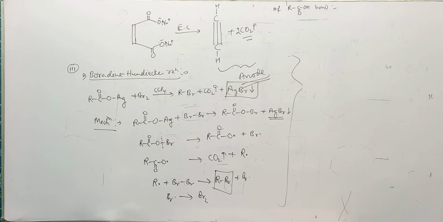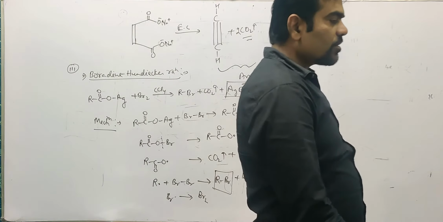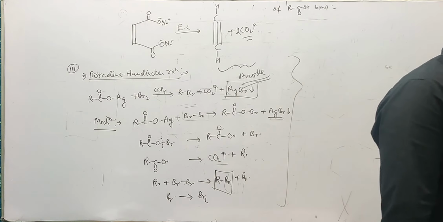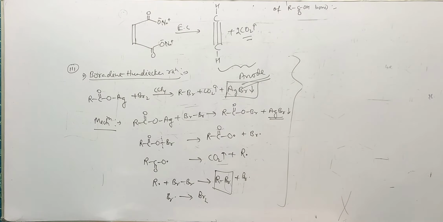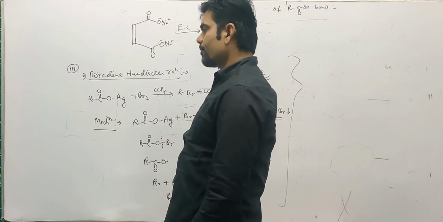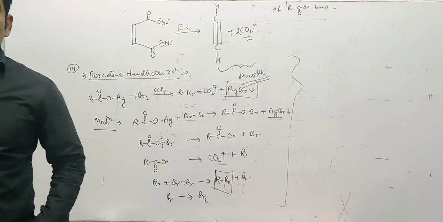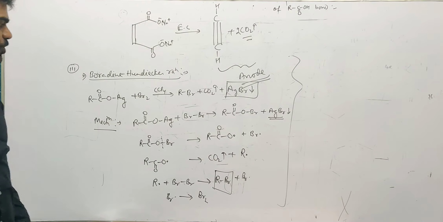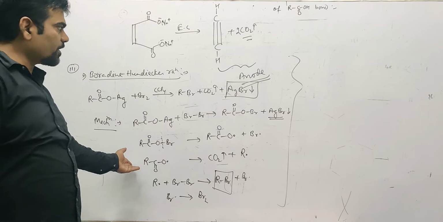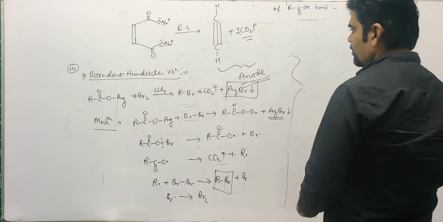By using 2 moles of silver salts of carboxylic acid with iodine, it forms the corresponding ester, and the reaction is called the Birnbaum-Simonini reaction.